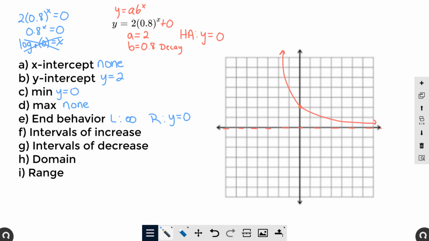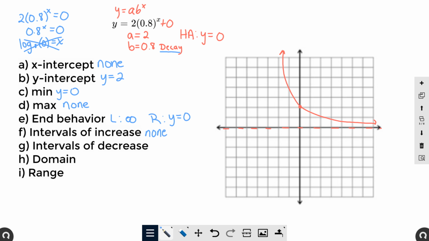Now, when you do intervals of increase, decrease, this is for what values of x does the graph increase? Well, this one is an exponential decay. So does it increase ever? No. So this is none. Since it's an exponential decay, it decreases everywhere. Now, this is where we have to write things a little bit differently.